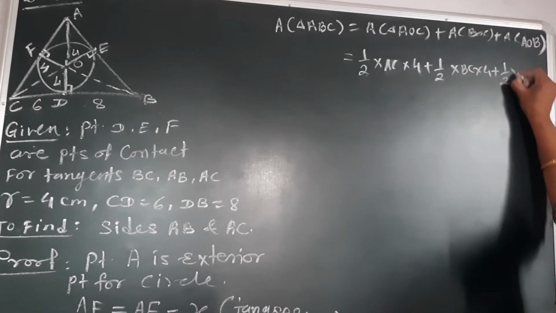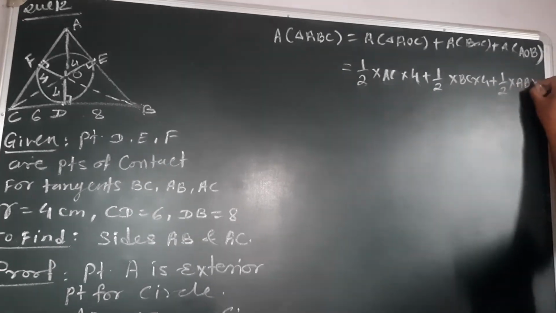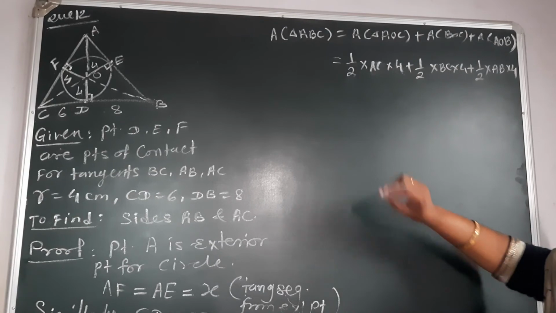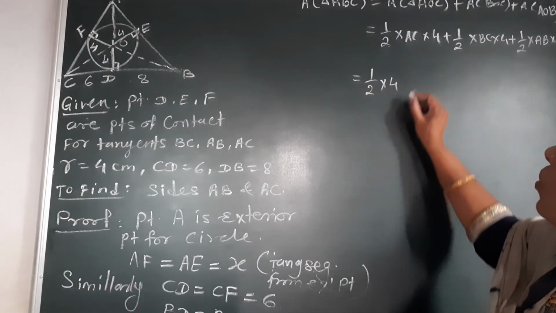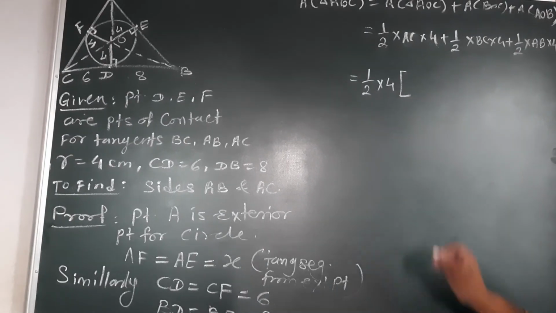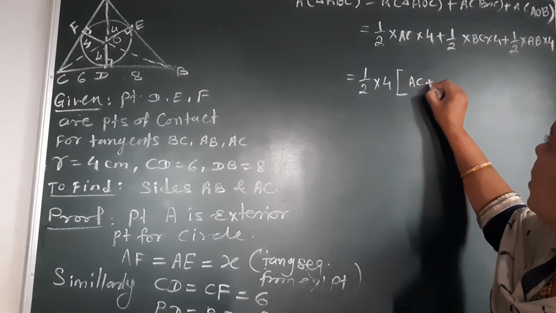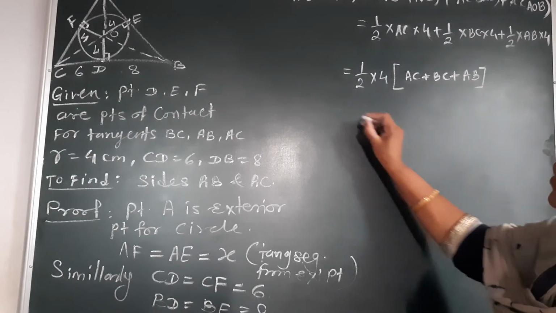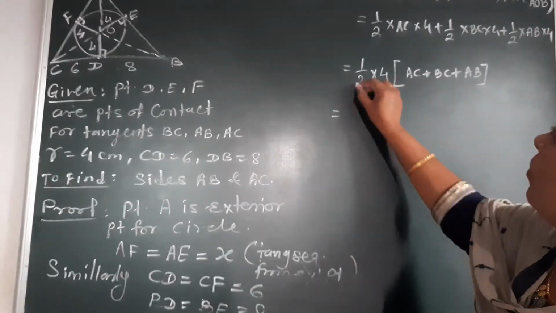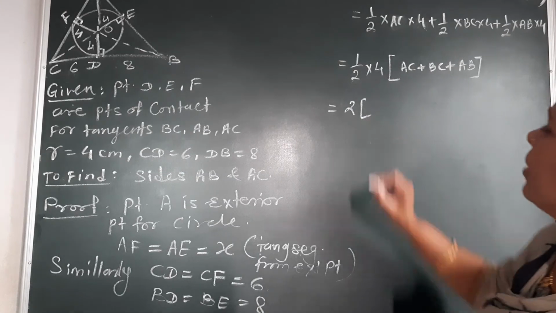Plus 1 by 2 base AB into height 4. The height is the same. Now 1 by 2 and 4, this factor is common. Consider the remaining values: AC plus BC plus AB is equal to, and if you put it in here, 2 is remaining.